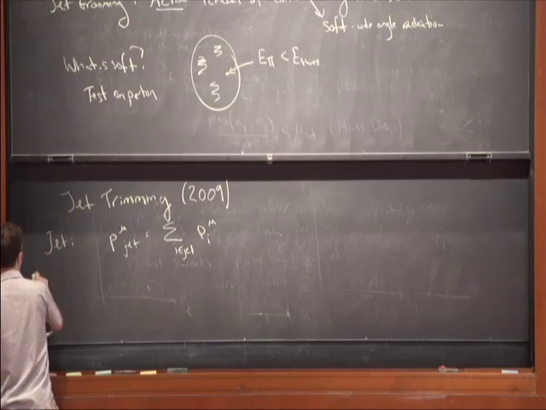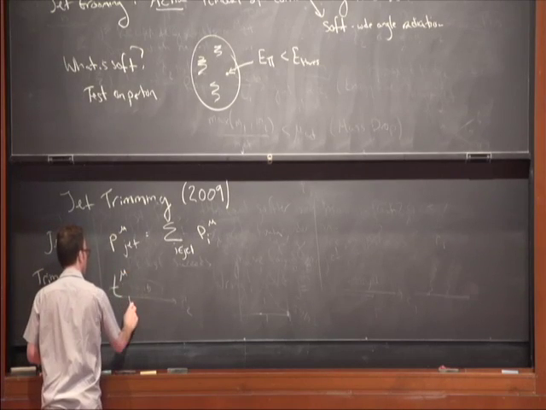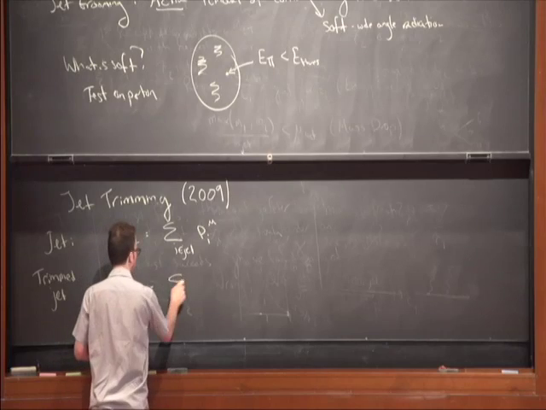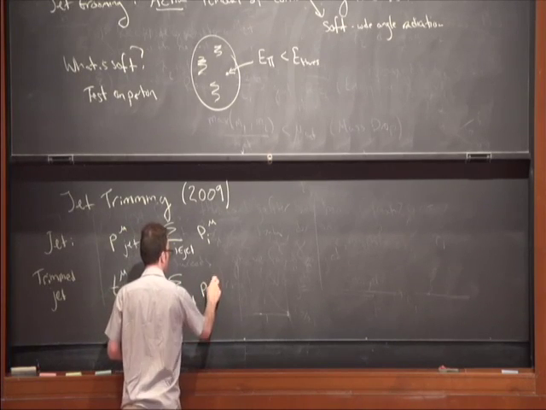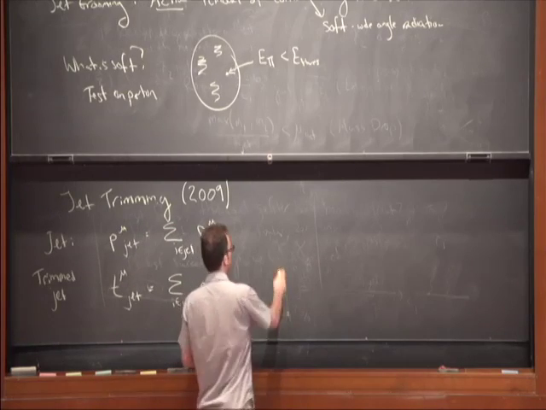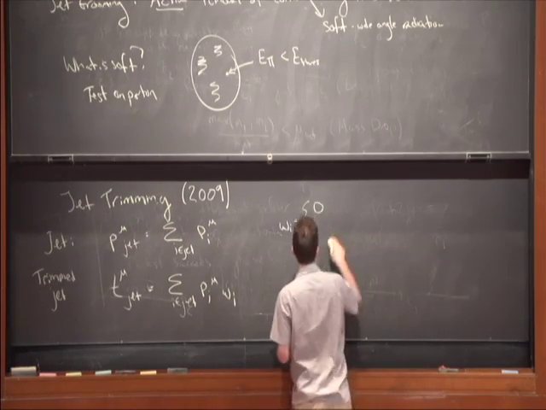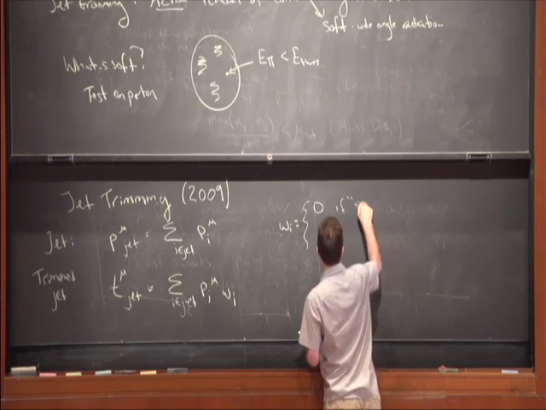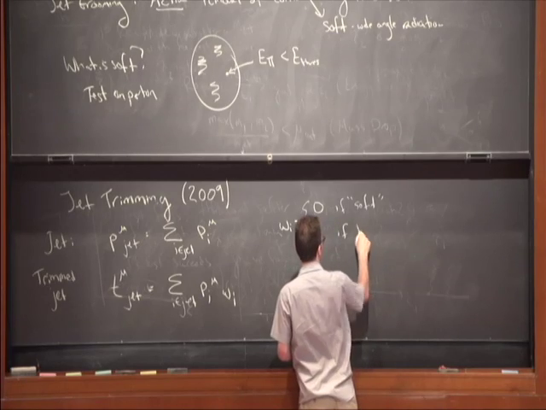And now I want to form a trimmed jet by taking all the individual particles and applying a weight to them. And what this weight is going to be is it's going to be 0 if it's soft, whatever soft means, and 1 if it's hard.